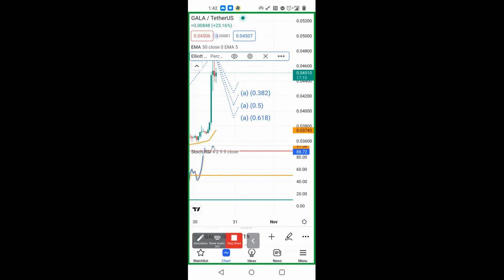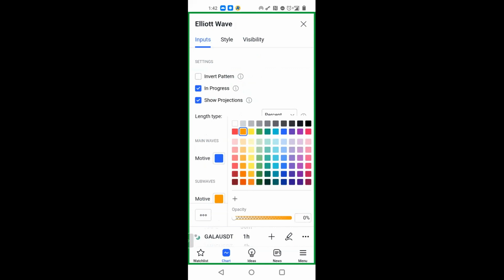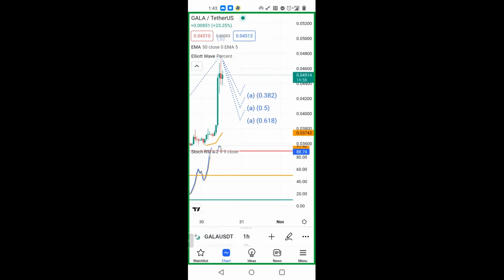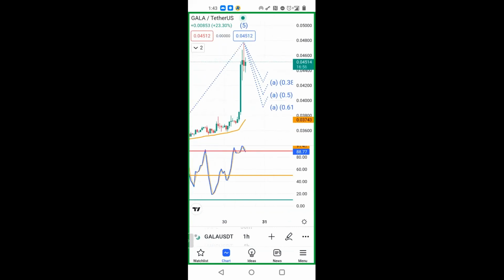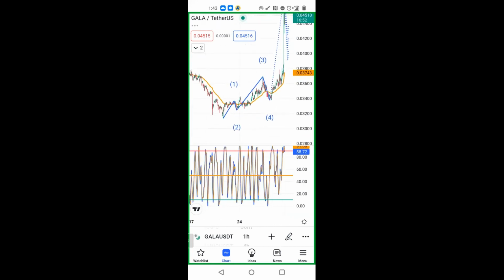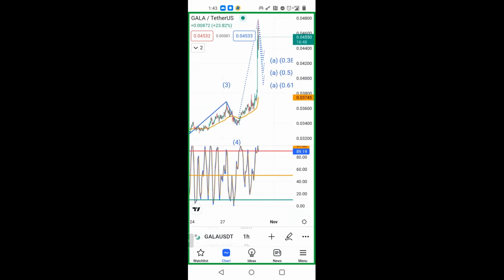So you can decide to come back to the settings and return these ones, but me, I removed them, just not to cause confusion. All right, but save as default. Let me show you if it will show up here. Sometimes it shows, sometimes it may not show. Okay, here it doesn't show, but in some coins you'll see it showing you the subwaves. So don't get scared.